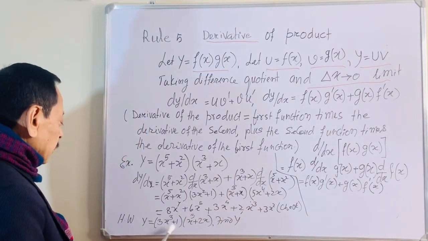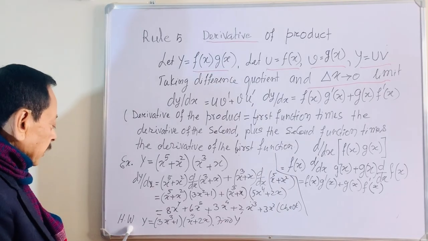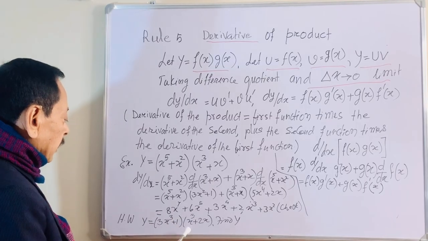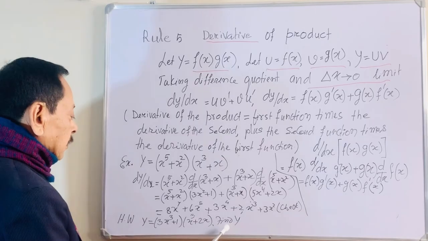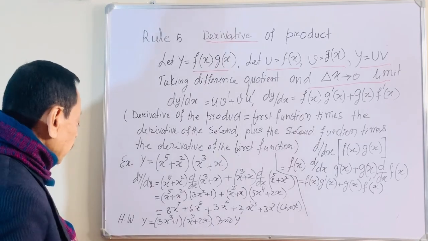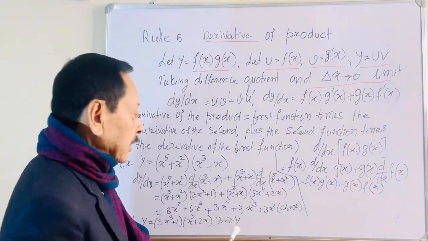For homework, one can do this exercise: y is equal to (3x cubed plus 1) into (x cubed plus 2x). Find the derivative y prime. Just the same thing, just a small exercise.